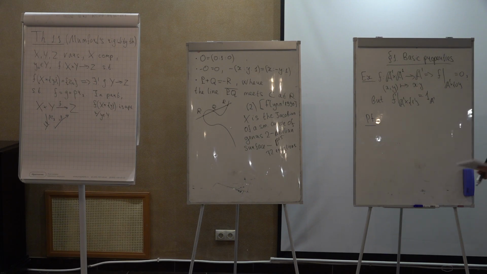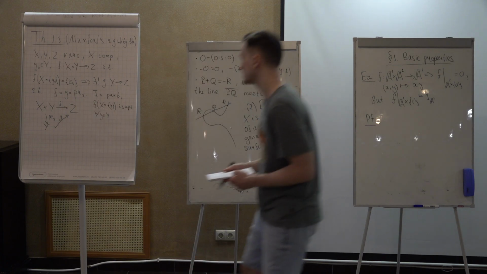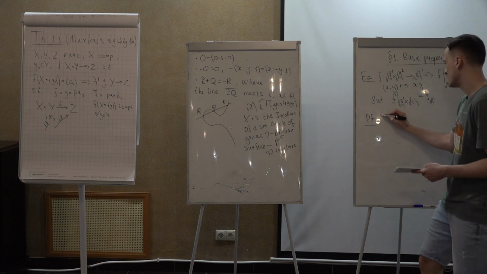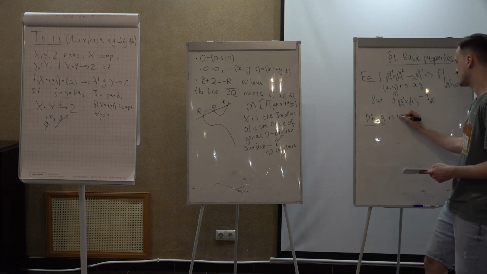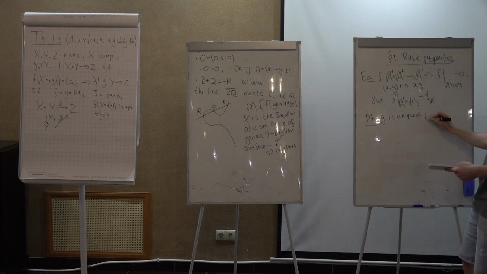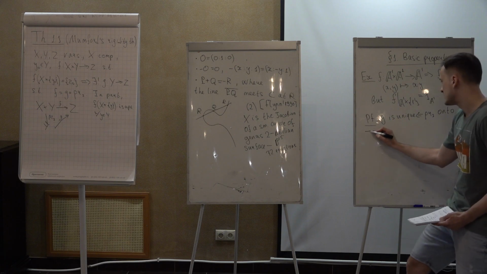Okay, let us prove this. Well, the uniqueness part is obvious because projection is surjective, is an epimorphism. So G is unique. It follows from the fact that projection is onto. Okay. So how do we construct G? Well, it's very simple.